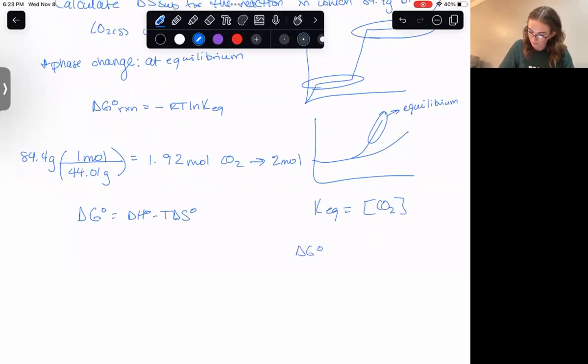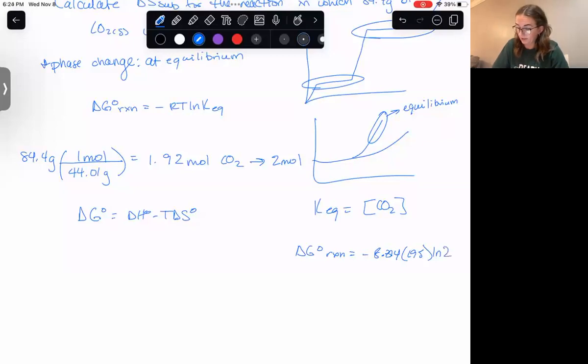We have delta G naught of the reaction is equal to negative 8.314 times temperature times ln K. And K can either be, if it's concentration, you can assume 1 liter, so it would be 2, or you could do pressure.